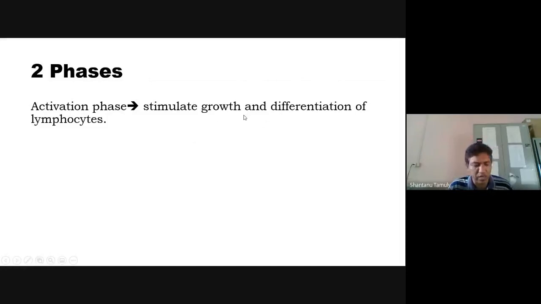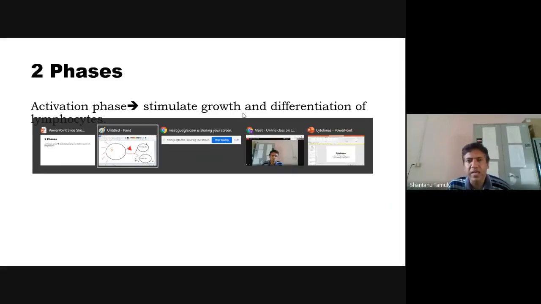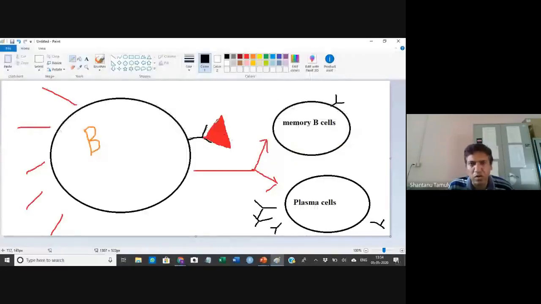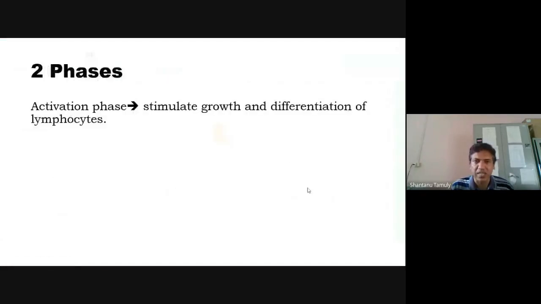Growth means maturation. Once the antigen binds the antibody, under the influence of cytokines, this B cell matures, and then under the influence of some other cytokines, this B cell proliferates and differentiates into two types of cell: memory B cells and plasma cells. That is helped by the cytokines.